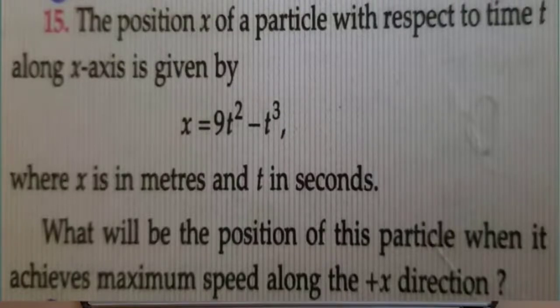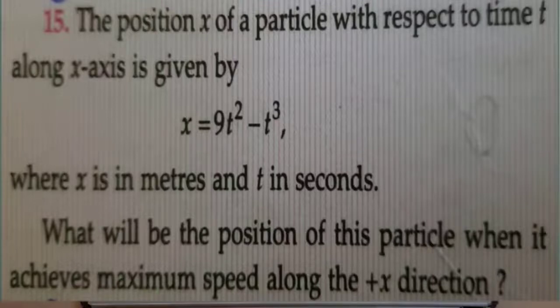So the next question. The position x of a particle with respect to time t along the x-axis is given by x is equal to 9t square minus t cube, where x is in meters and t in seconds. What will be the position of this particle when it achieves maximum velocity along the positive x direction?